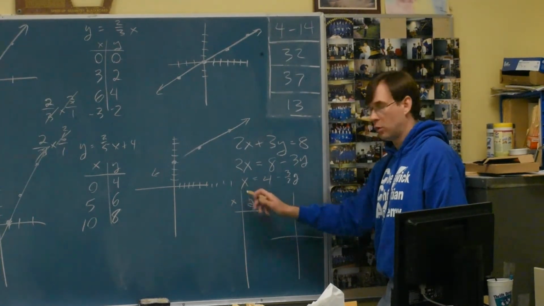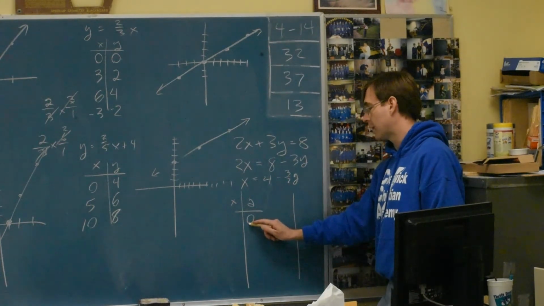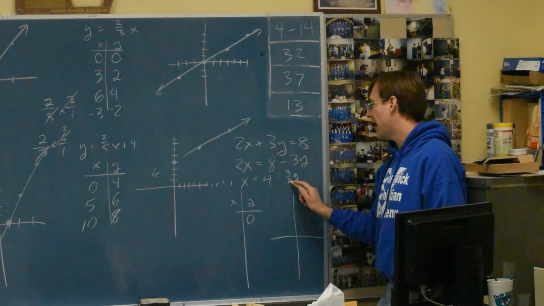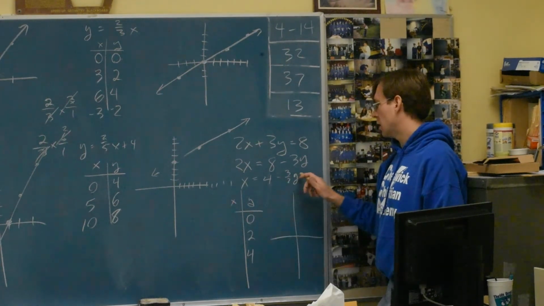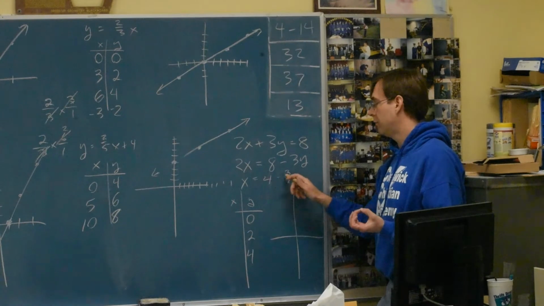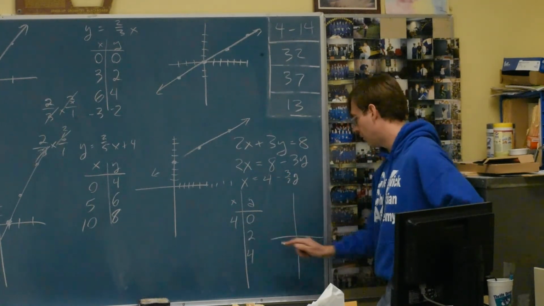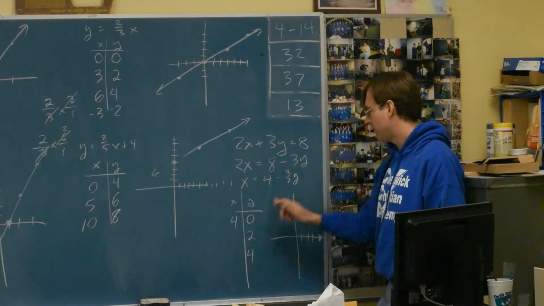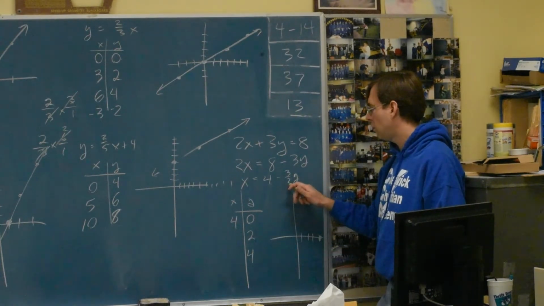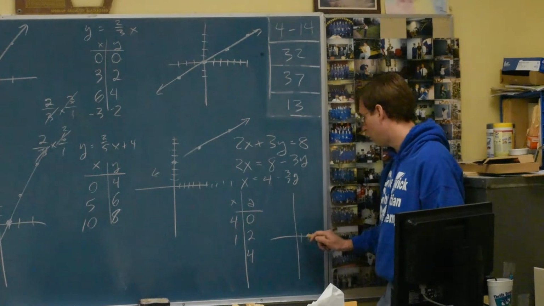Since it's x equals, I need to pick 0 for the y column. And with a fraction, I'll go with 2 and 4. So 0 times anything is 0. 4 minus 0 is 4. And there's a dot going there. If I put in the 2, the 2's cancel. 4 minus 3 is 1.